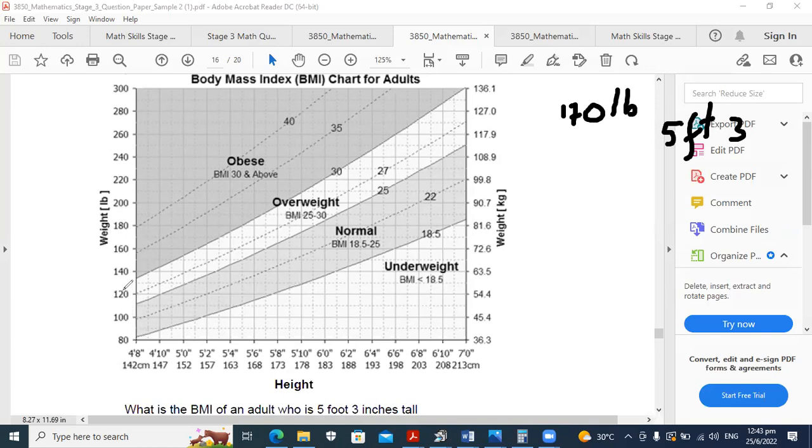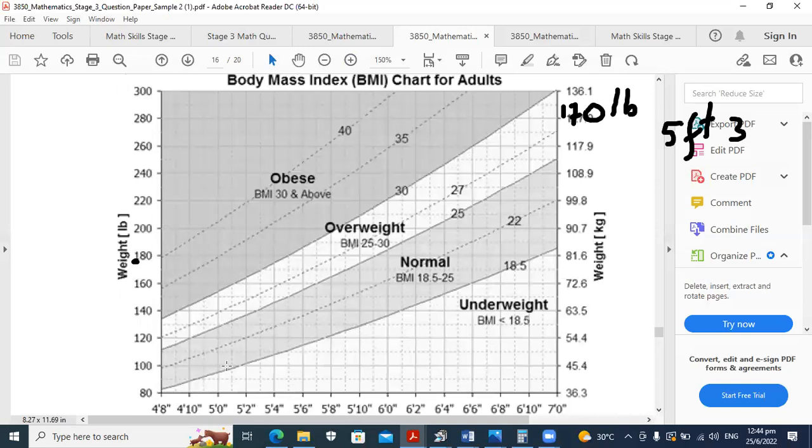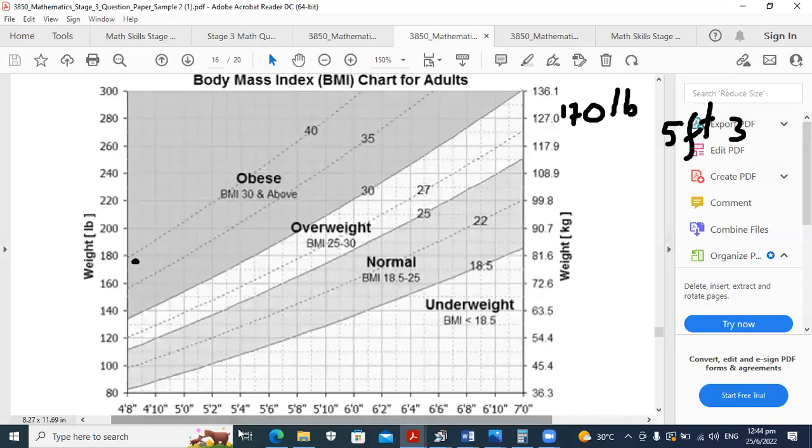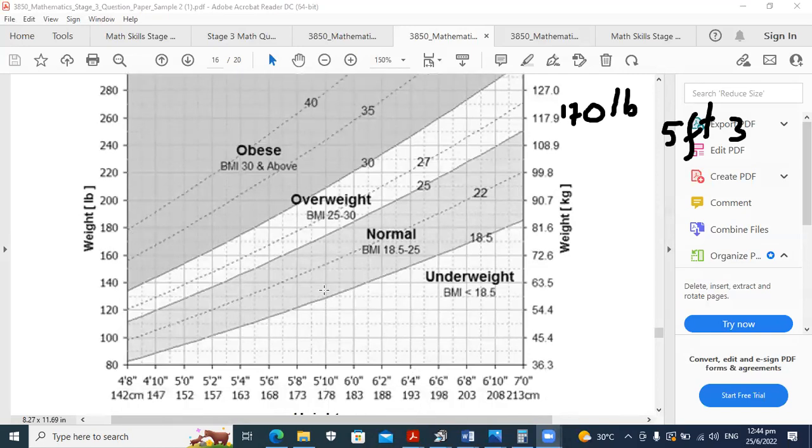I think everything goes up by 10 pounds, not true? Yes, sir. Let me see. This is 140. So this is 150. So 170 will be right here.